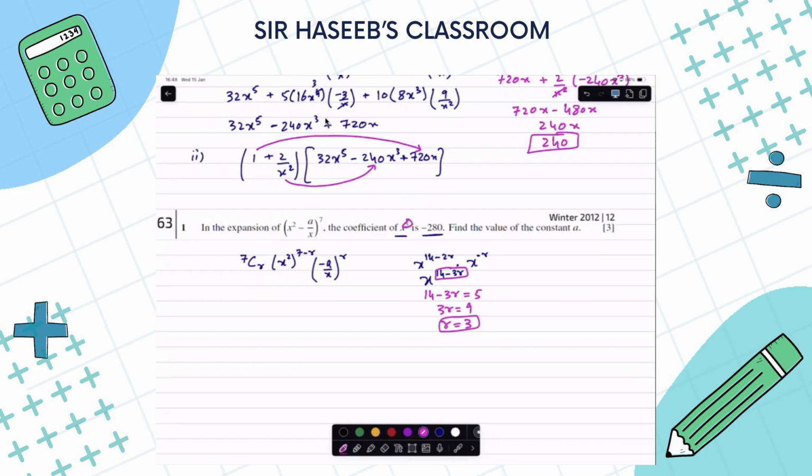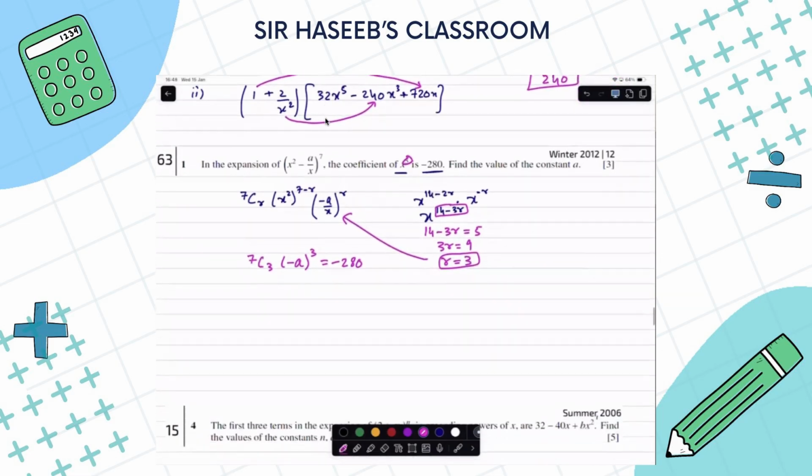When r is 3, let's plug it in to get the coefficient. That's 7C3 and minus a to the power of 3. That's the coefficient of x power 5, isn't it? Which should be equal to minus 280. 7C3 is what? It's 35. Minus 35 a cube equals minus 280. 280 divided by 35 is 8.